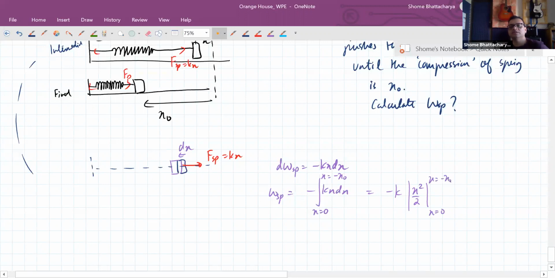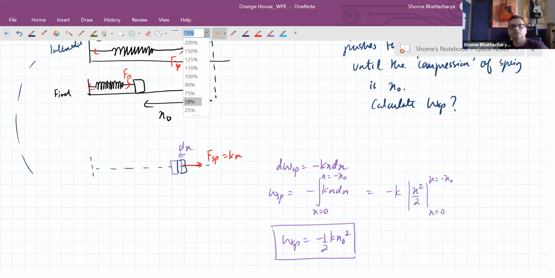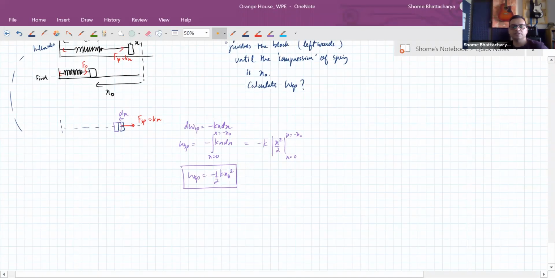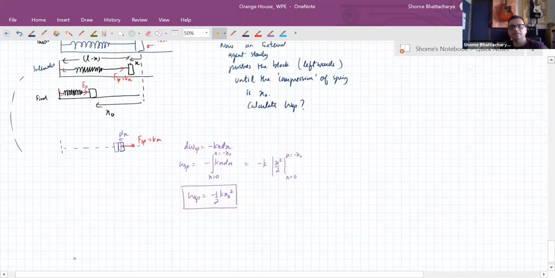So ultimately whether we have reversed the direction of the x-axis or we are using the same x-axis, it doesn't matter. But the work done by the spring will again come out to be minus half k x naught square. So what this tells us is something very important, that going from natural length position, if we deform the spring by x, that is we either extend it or compress it, the work done by the spring is negative.